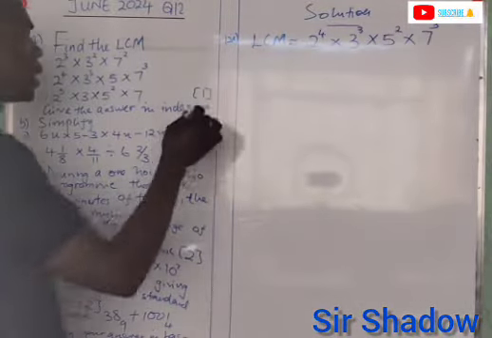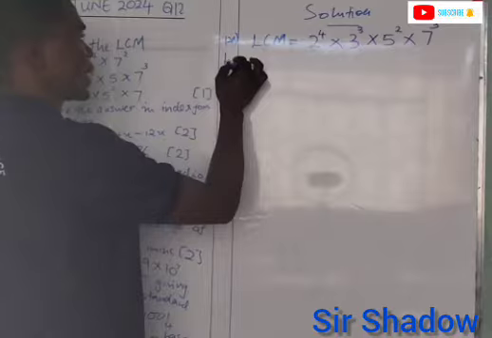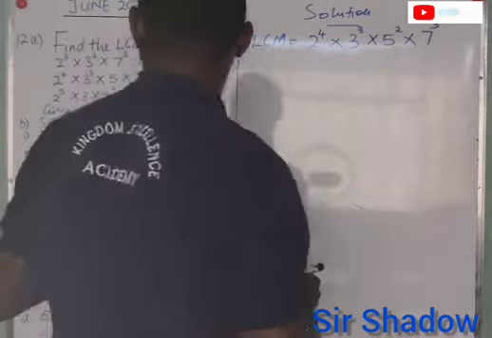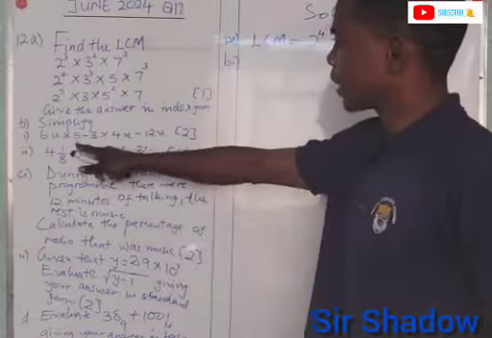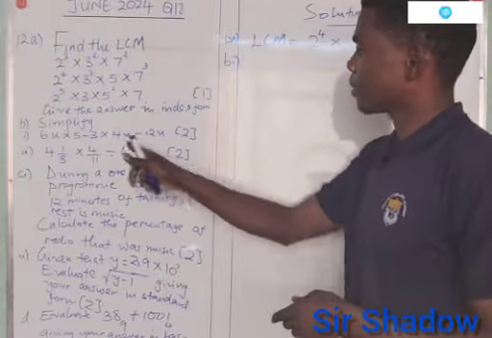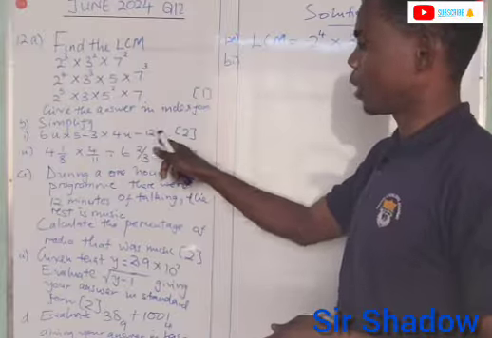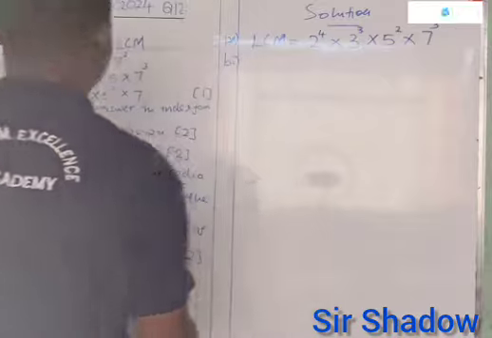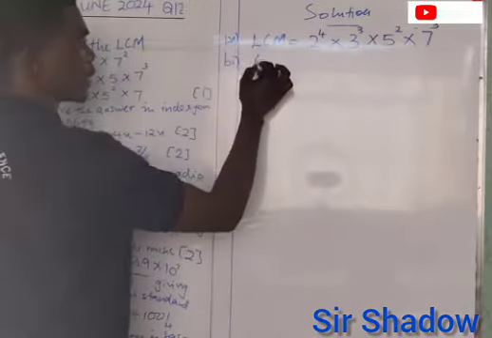Let's move on. Question B item 1. We are given: simplify 6u times 5 minus 3 times 4u minus 12u, and 2 marks is awarded for that question.